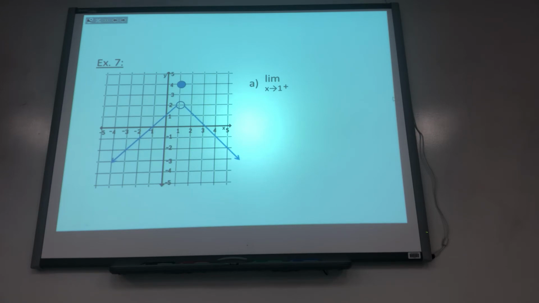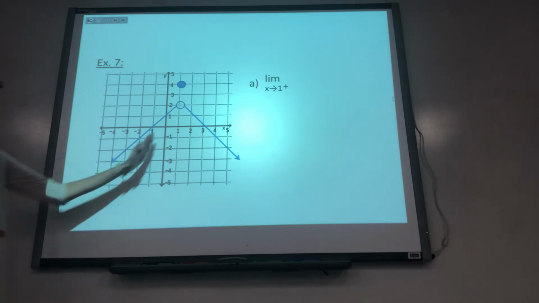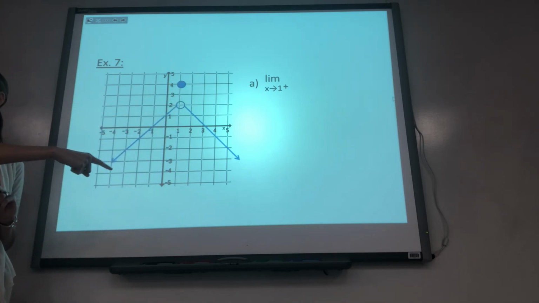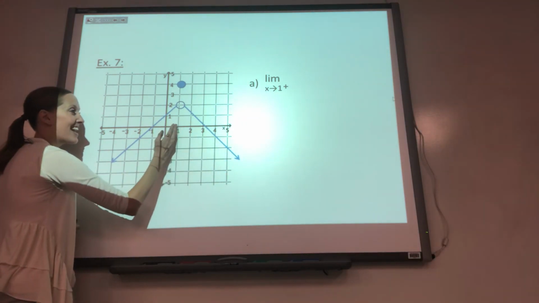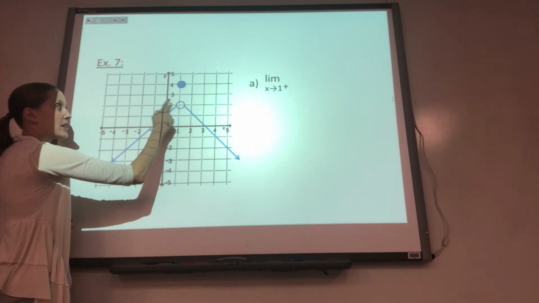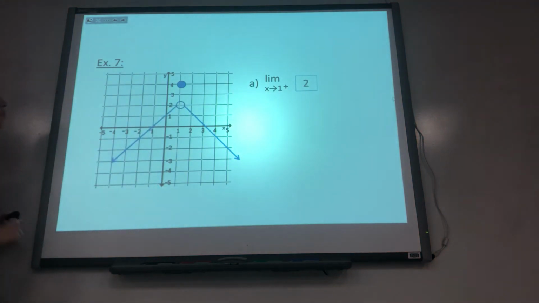So part A, I need the limit as x approaches 1, this is where x is 1, from the right. So what y value am I approaching as x gets closer to 1 from the right? 2. It's getting closer to where y is 2.